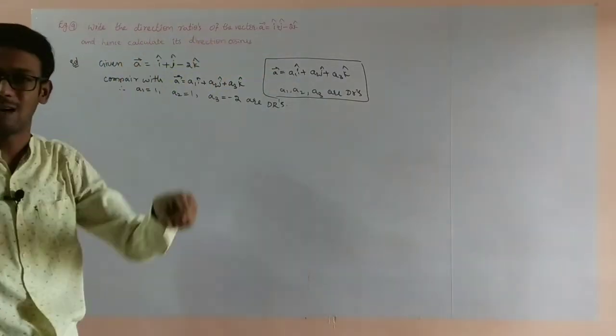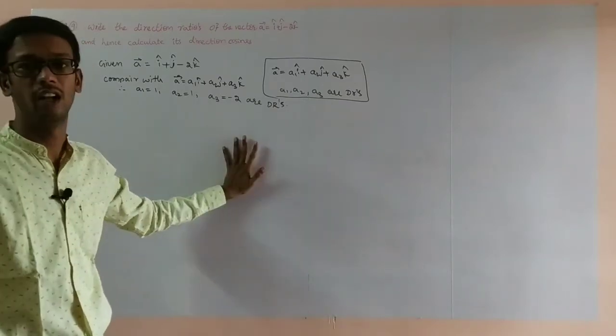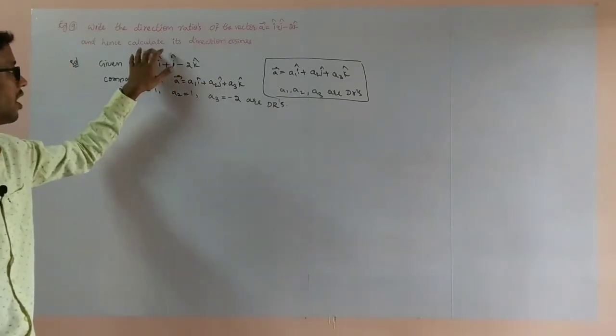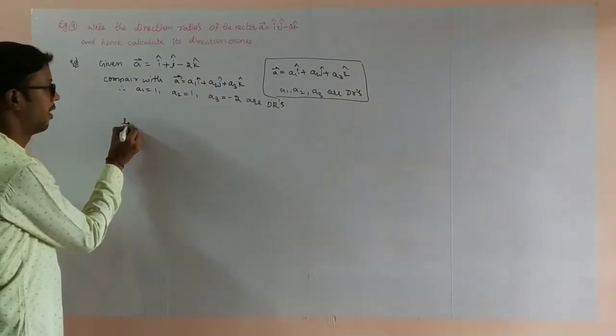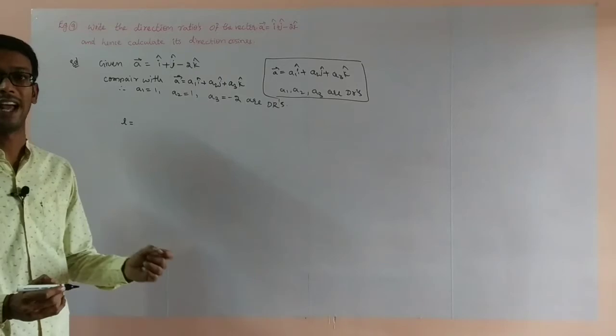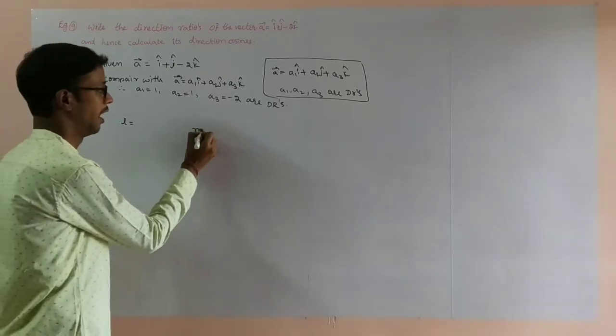Here the scalar components are called direction ratios. After the direction ratios, we also have to find the direction cosines. We have the formula for direction cosines l, m, n.